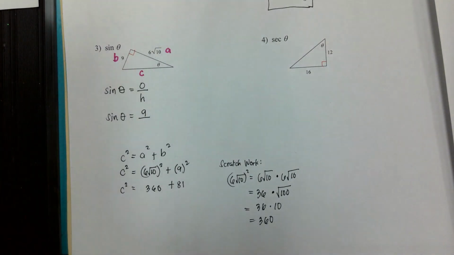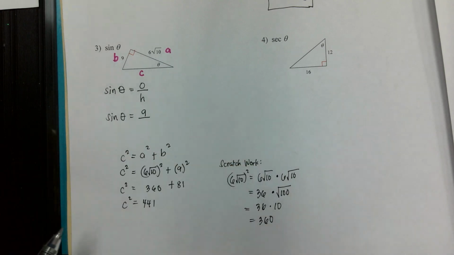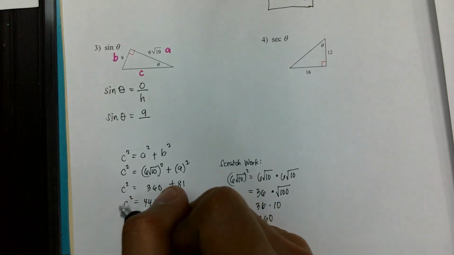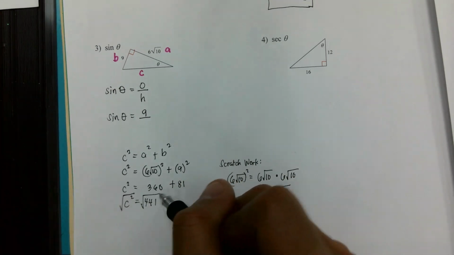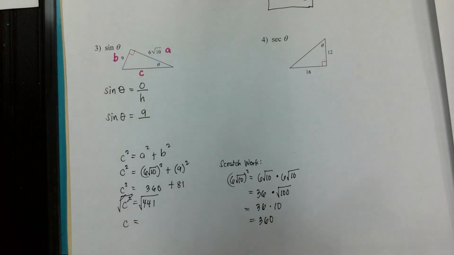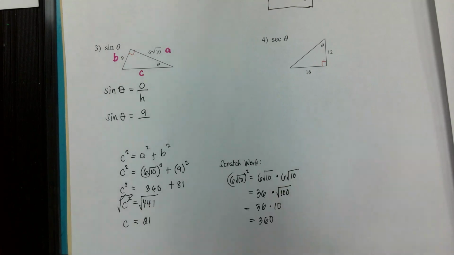Now 360 plus 81 gives us 441. To eliminate the exponent 2, we take the square root of both sides, hence just giving us the value for C, and the square root of 441 is 21.